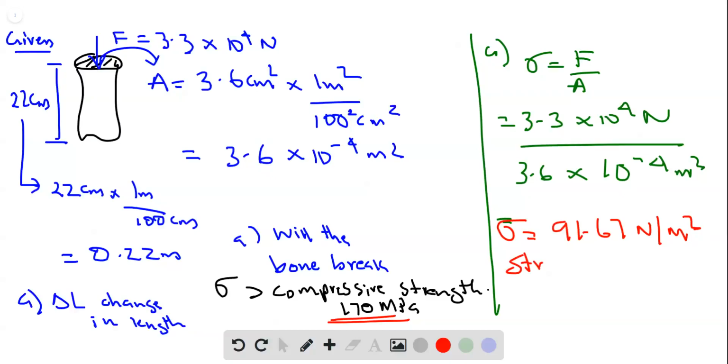So the stress is less than the compressive strength.